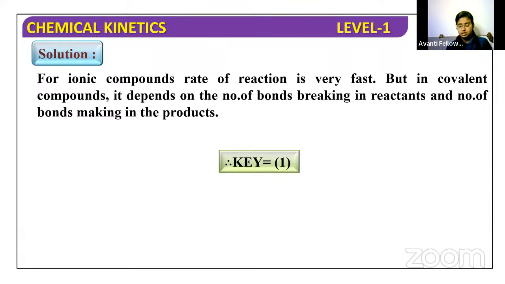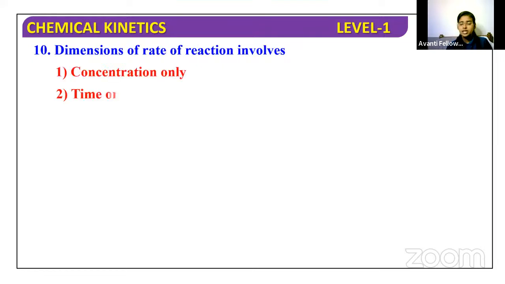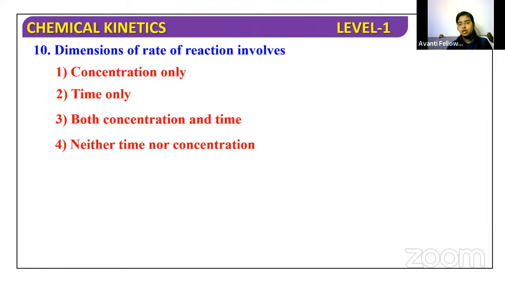Yeah. So let's go with the next question. Question number 10. Dimensions of rate of reaction involves: concentration only, time only, both concentration and time, neither time nor concentration. Dimensions of rate. So rate is equal to minus dC by dt, right? So what are the dimensions involved here?